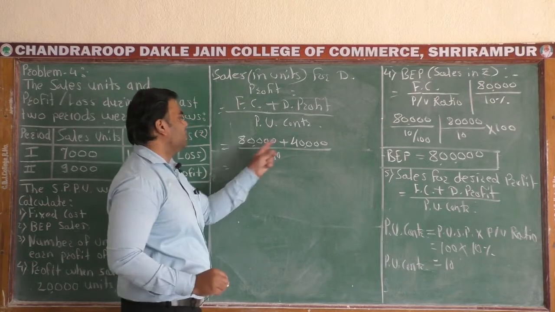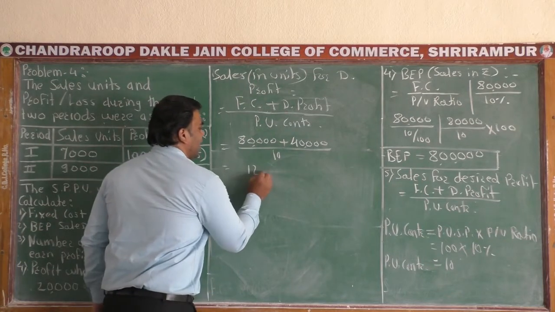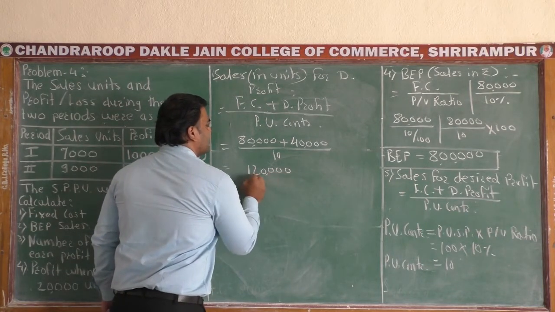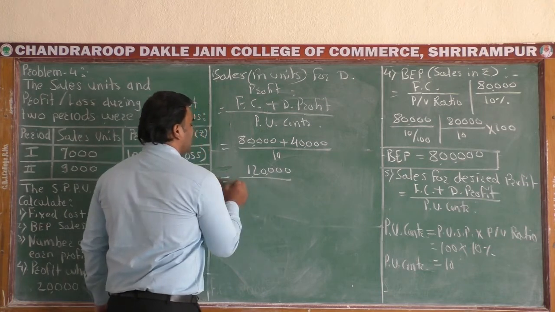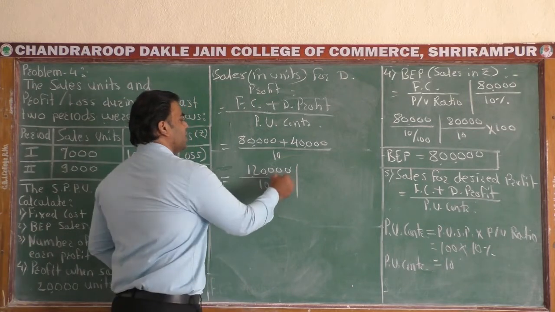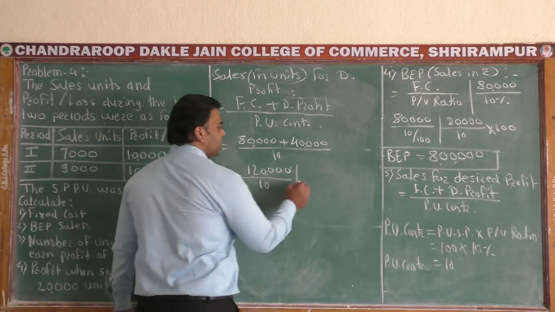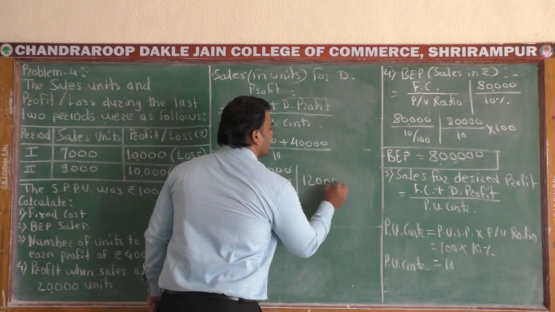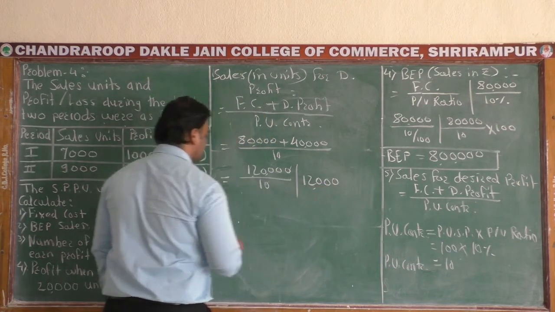So 80,000 plus 40,000 is equal to 1,20,000, divided by per unit contribution, which is 10. So 1,20,000 divided by 10 is equal to 12,000, which is the number of units.